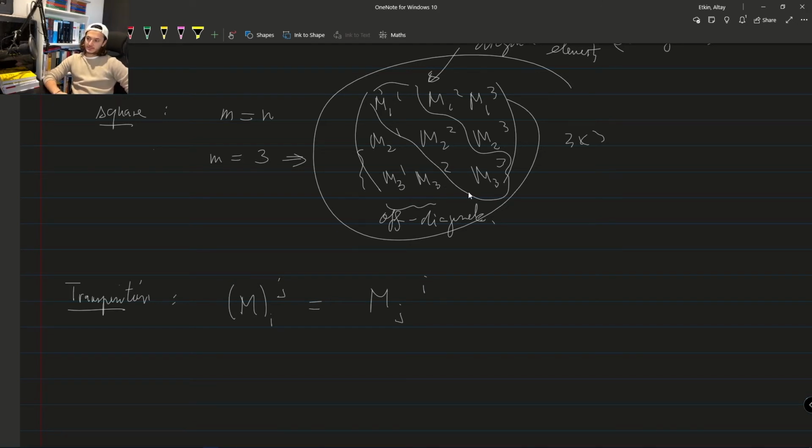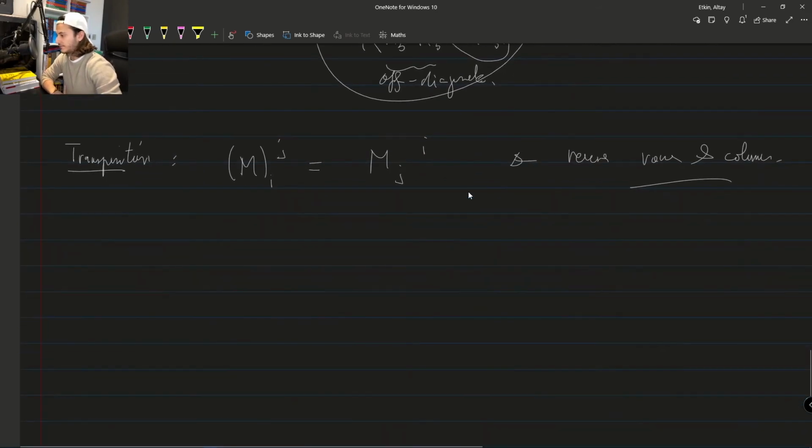And so it's typically like reversing the order of the rows and columns. So you reverse rows and columns.